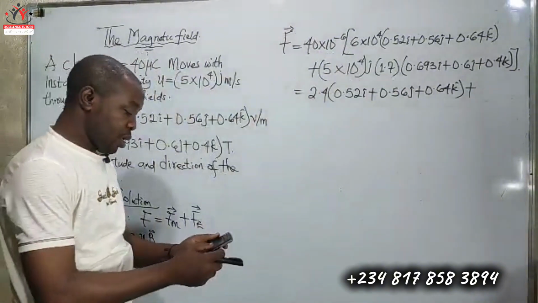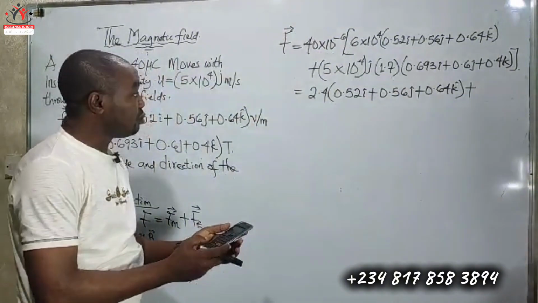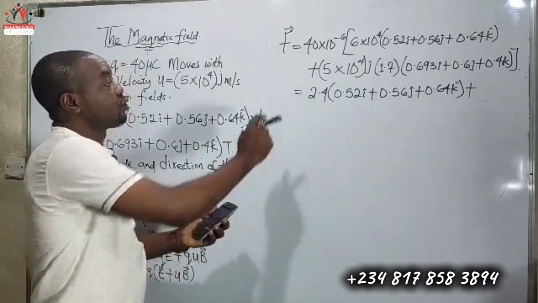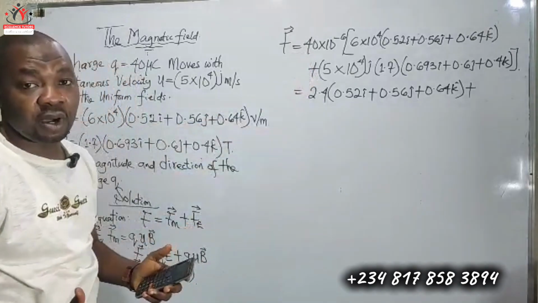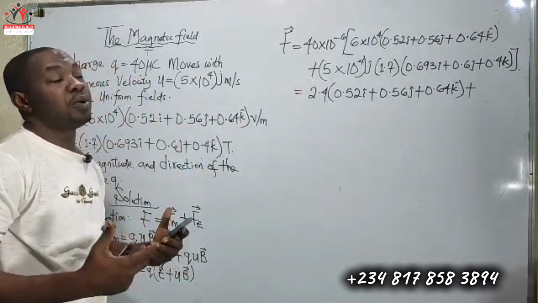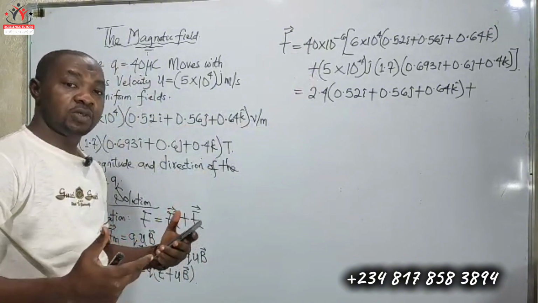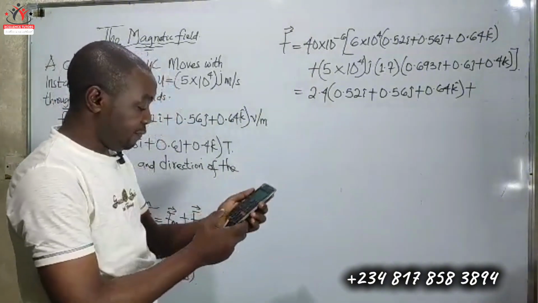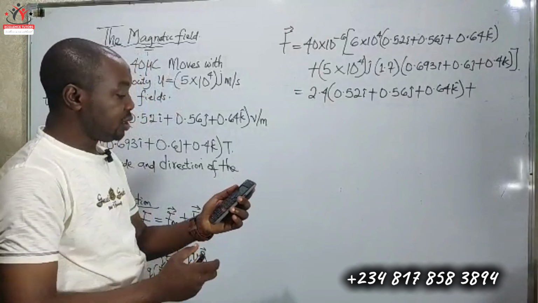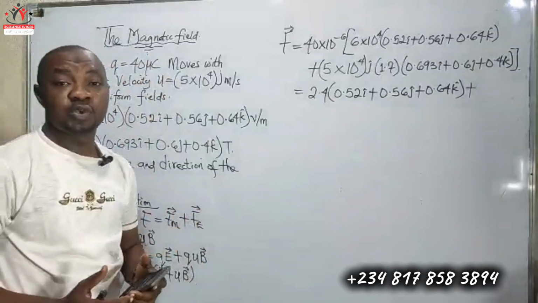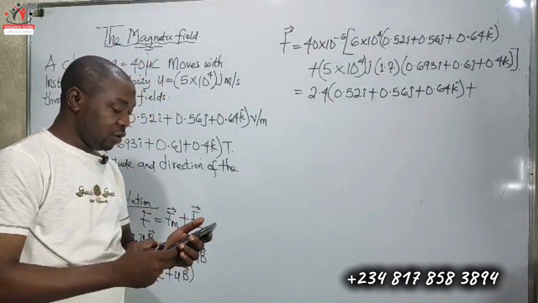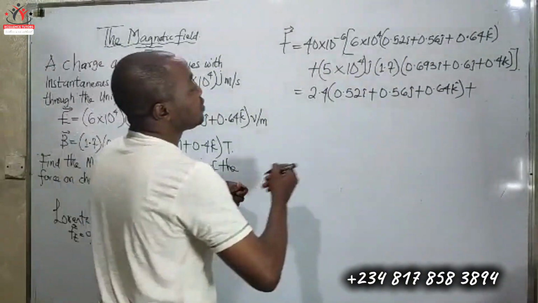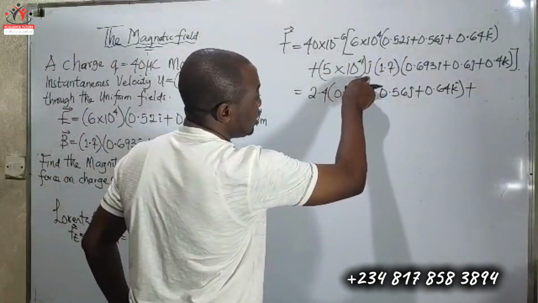So what is 1.7 multiplied by 0.00004? Because 40 multiplied by 10 raised to the power of minus 6 is 0.00004. Now we multiply by 50,000, which is 5 times 10 raised to the power of 4, and that would be 3.4. So we're going to have 3.4j.